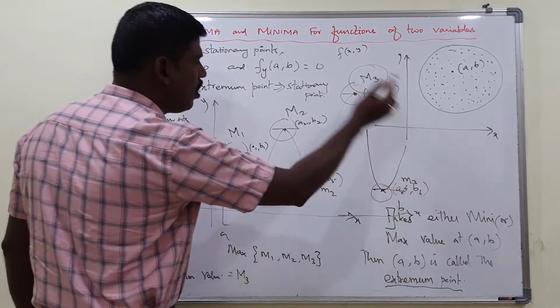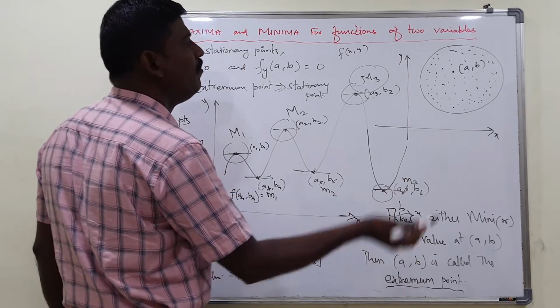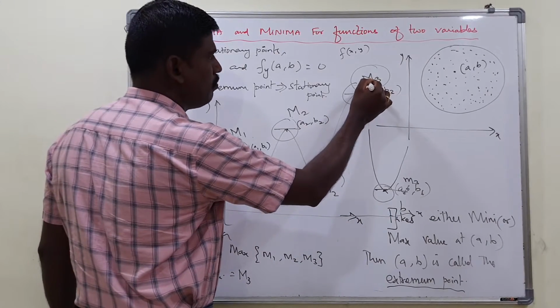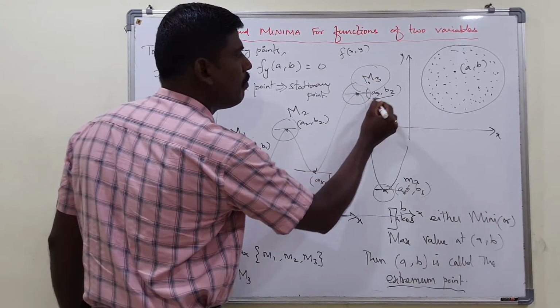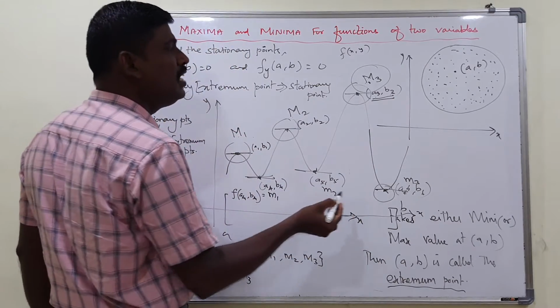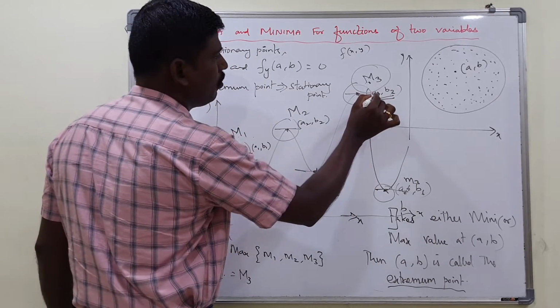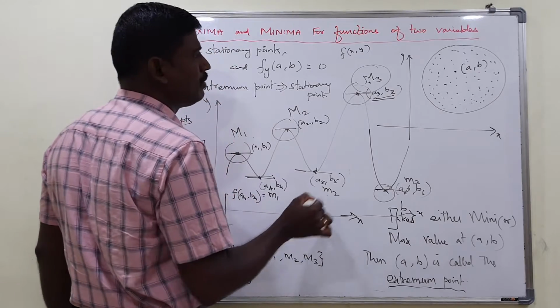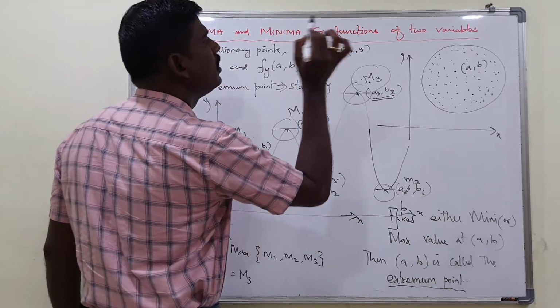From all these values, we can compare which is the maximum one. This is the maximum one, so the point (a3, b3) is called the maximum point, and the maximum value is m3.